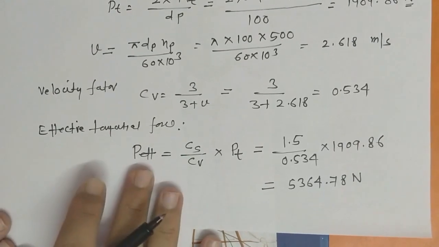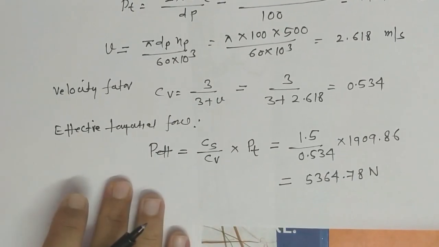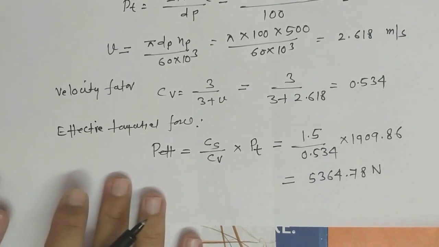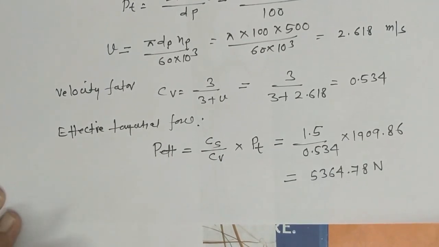Right now, based on our interpretation from the material property, we assume that the gear is weaker than the pinion, and we assume the Lewis form factor for that particular component.